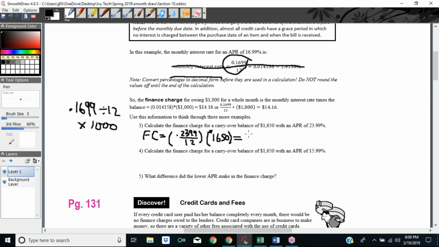And let's see, putting that in my calculator, I got $32. Wow, that was a big decimal, wasn't it? And 99 cents.